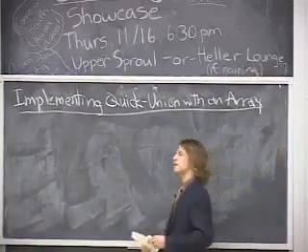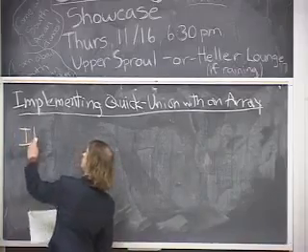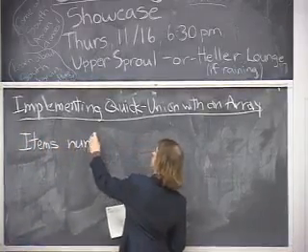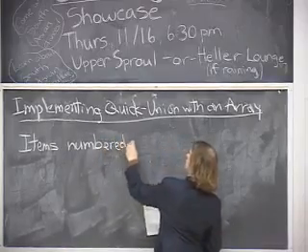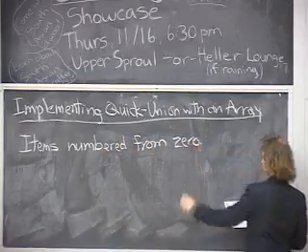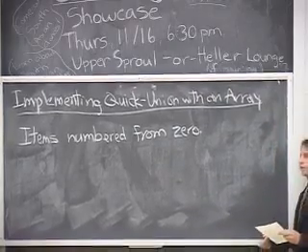Here we're going to make the simplification that we have items that are numbered from 0. So the items are integers from 0 to n minus 1. You can always add new items dynamically if you want by resizing this array.